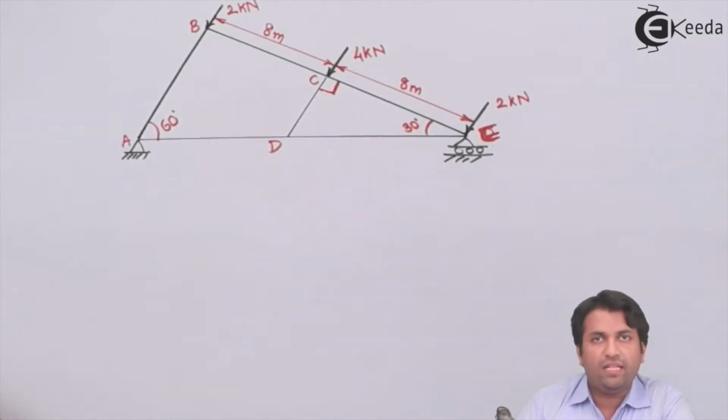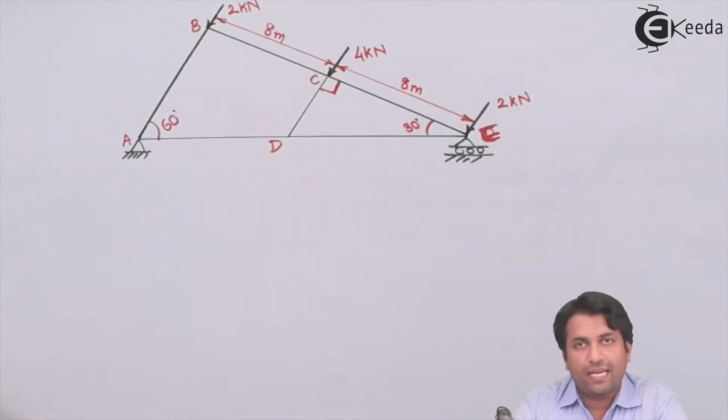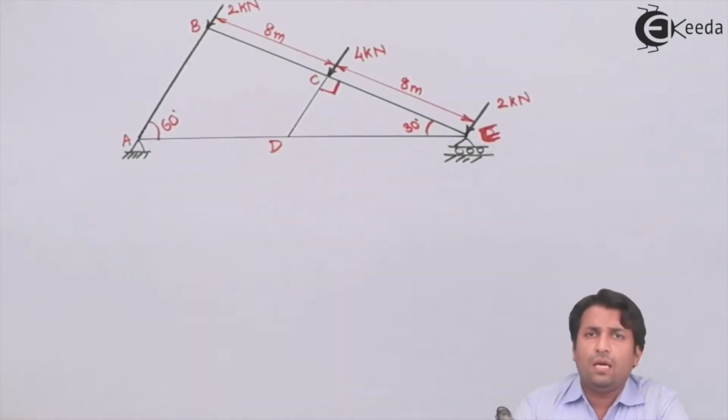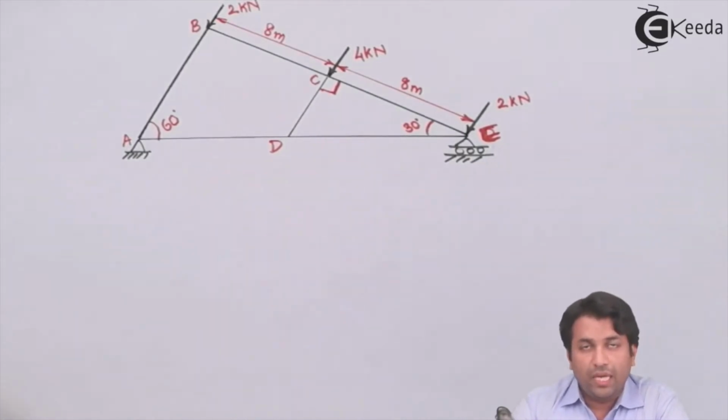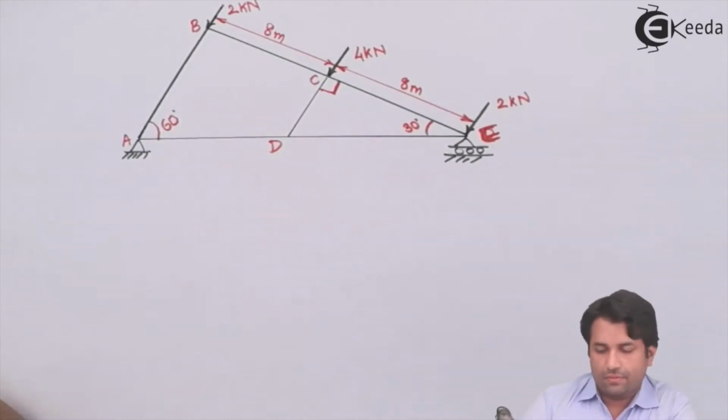Once we get the stability criteria, if the truss is perfectly stable, only then can we go ahead in solving that kind of truss. In case the truss is imperfect, we are supposed to stop there itself.